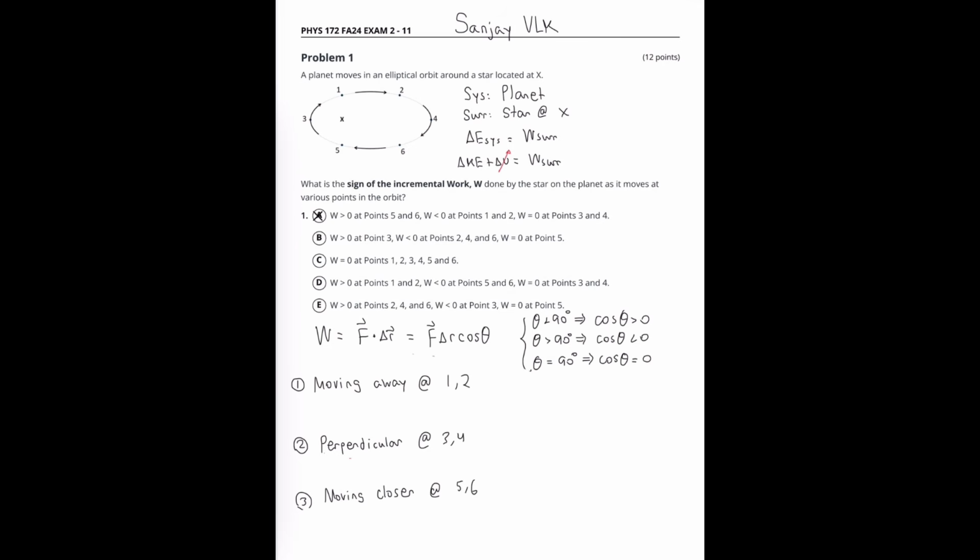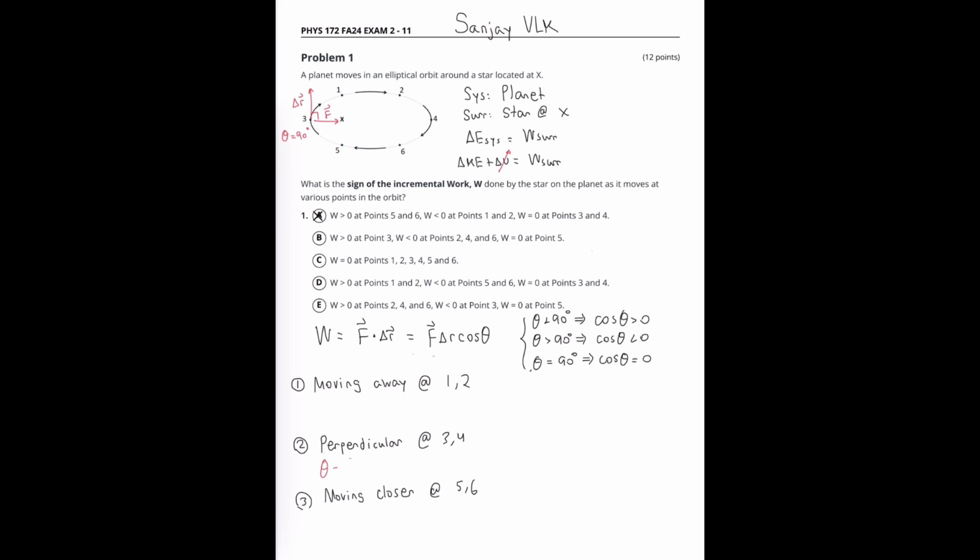So let's do our three general cases that we have here and draw on our gravitational force and change in position. So at 3, we have force of gravity acting inward. We have our change in r. And we have theta equal to 90 degrees since it's perpendicular in this case.